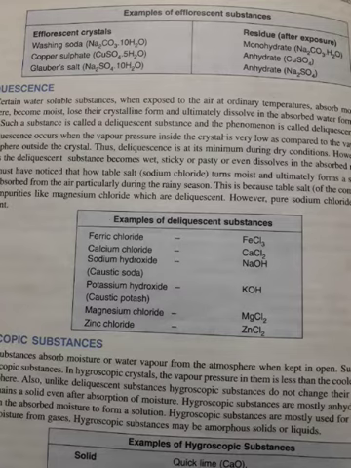What is the formula of blue vitriol? CuSO4.5H2O. So it contains 5 water molecules, a fixed amount, in loose chemical combination.